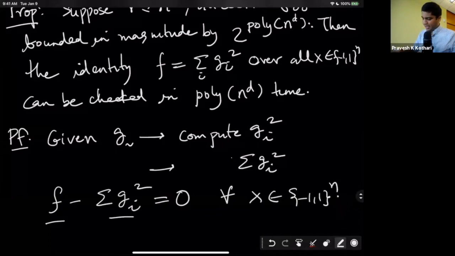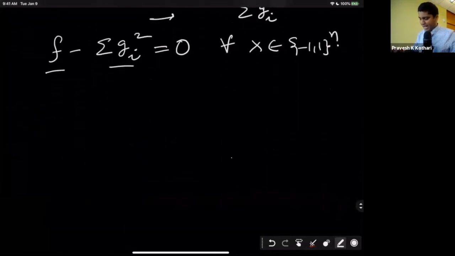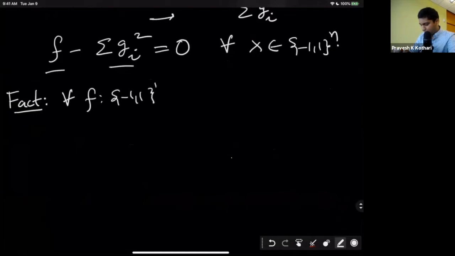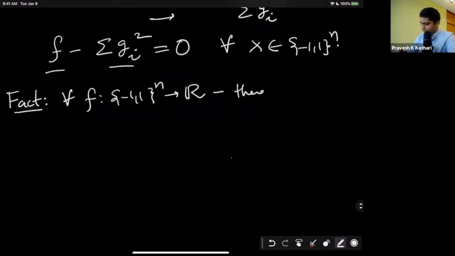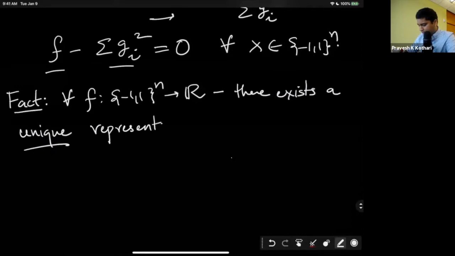Here I'm going to use a fact, and it would appear in one of your homeworks as an exercise. It's a very simple fact that I'm going to use. For all f, a function on the hypercube, there exists a unique representation of f as a polynomial.